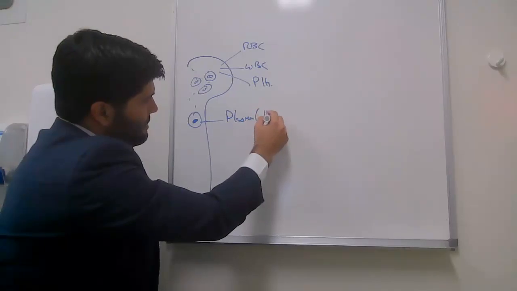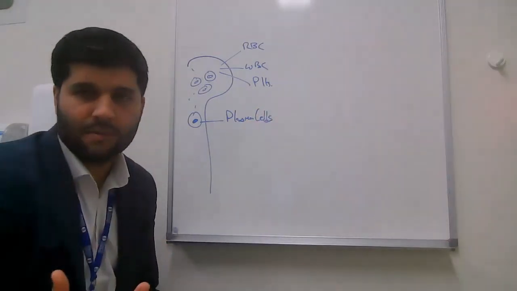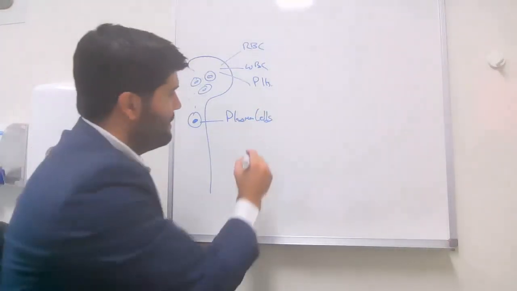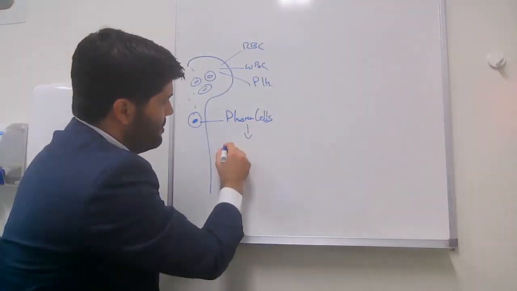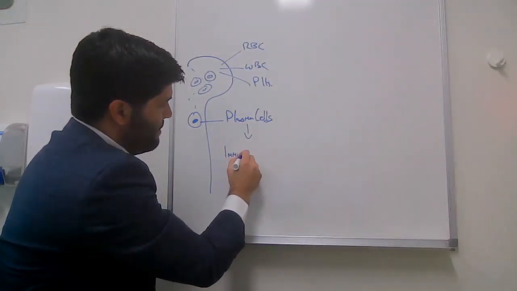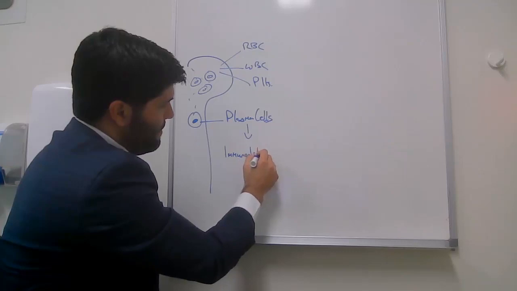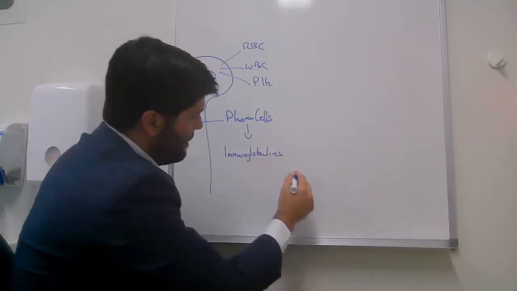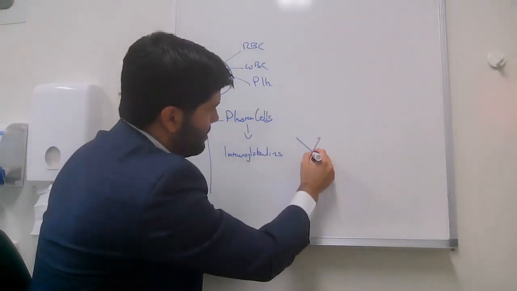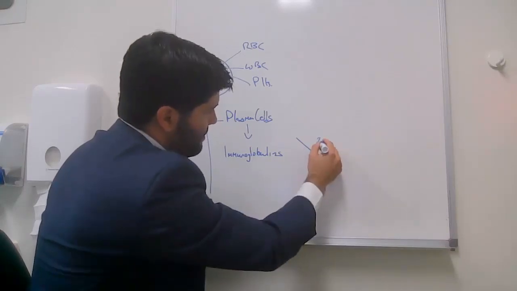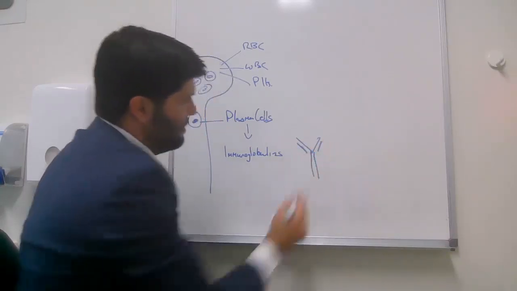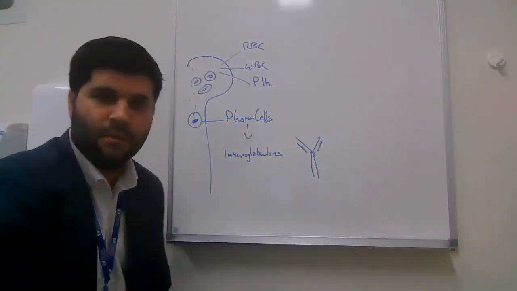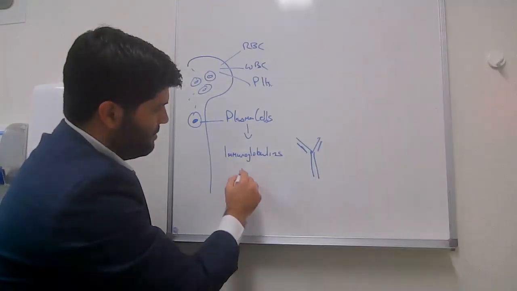And these plasma cells, like I said, are part of our immune system, and they normally produce immunoglobulins. And we all have immunoglobulin proteins, which have this Y-shaped structure, and there are different types of immunoglobulin proteins.